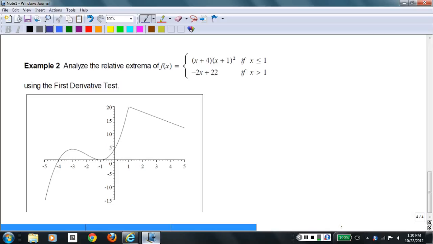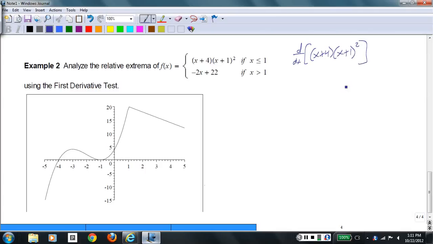Just by inspecting the graph, I think we'll be able to tell that there's a point of non-differentiability at x equals 1. So we're looking for zeros of the first derivative, and we're looking for places where the first derivative is undefined. So let's take this expression, d/dx of (x plus 4) times (x plus 1) quantity squared.